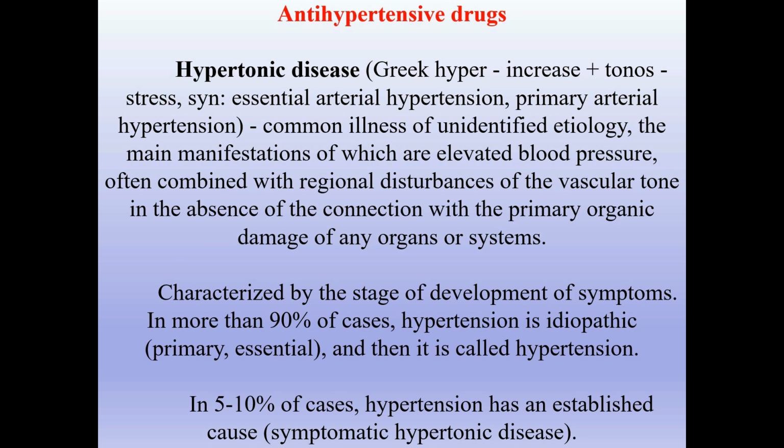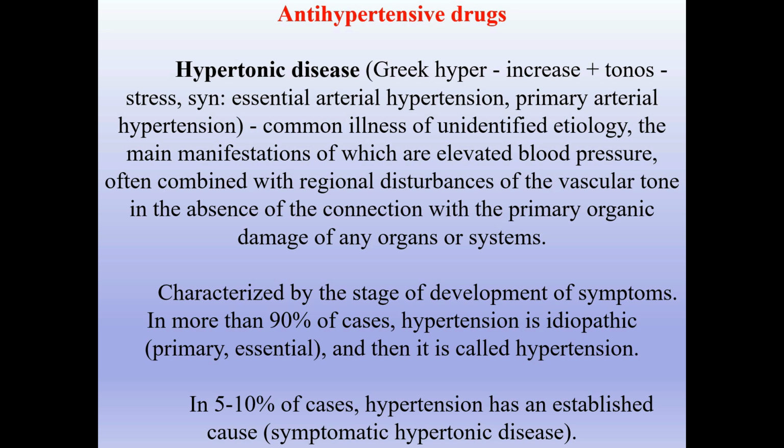The next part of our lecture is antihypertensive drugs. Hypertonic disease is a common illness of unidentified etiology, the main manifestation of which is elevated blood pressure, often combined with regional disturbances of the vascular tone, in the absence of a connection with primary organic damage of any organs or systems, characterized by stages of development of symptoms.